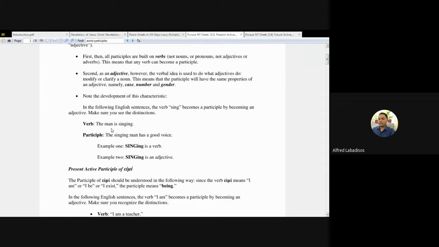Look at the difference. Here, the man is singing; this singing is the action of the subject. So what is the man doing? He is singing. However, in the participle, the singing man clarifies what kind of person. It gives quality to the person, or describes the man. The singing man has a good voice.